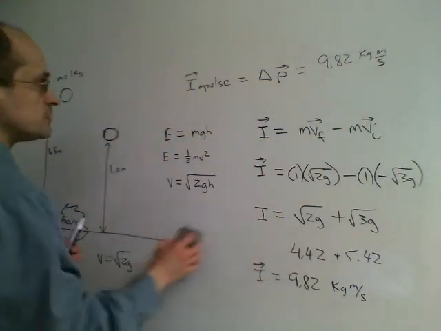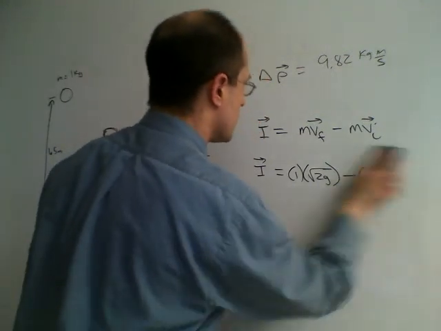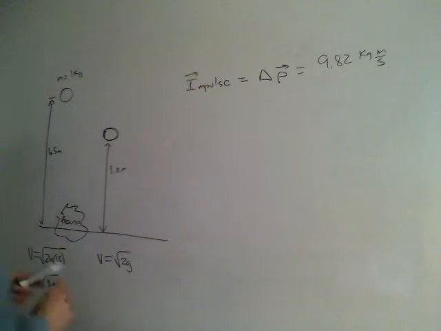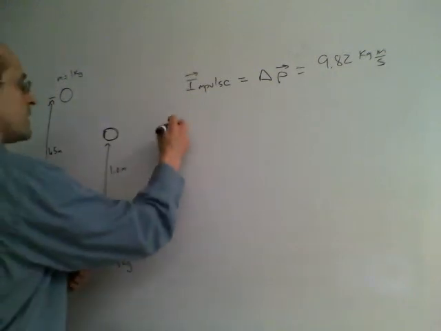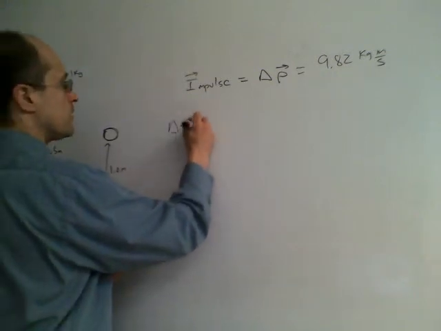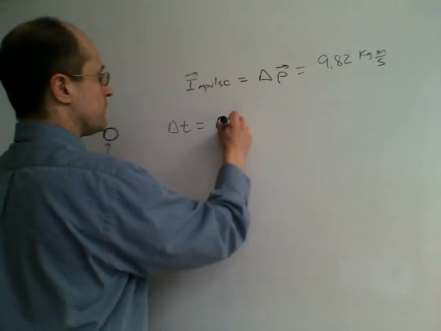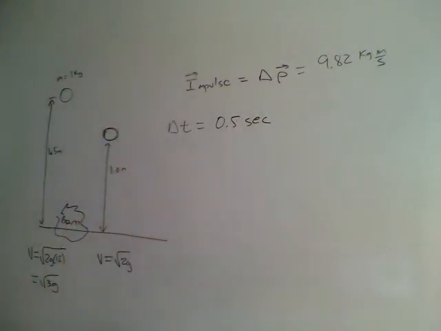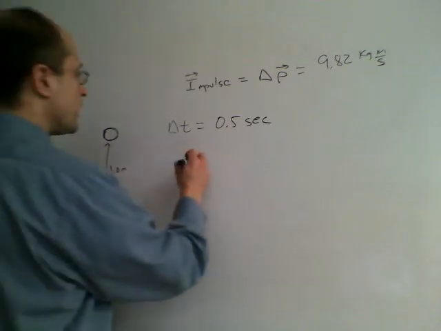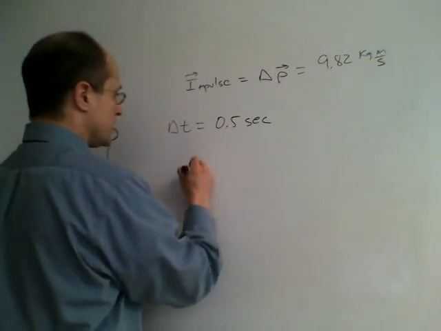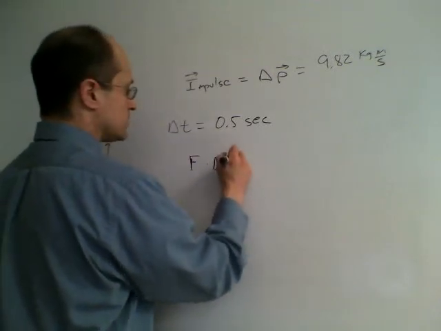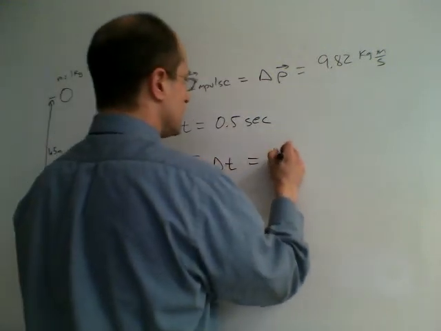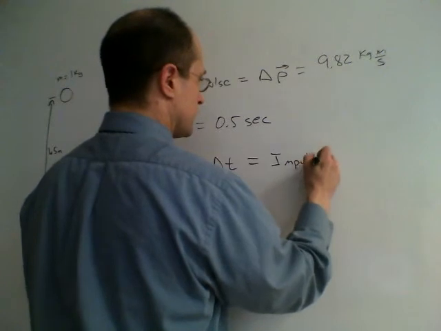Now, if we assume that the ball had an average contact time with the ground, the delta t, it interacted with the ground for 0.5 seconds, and then we had to calculate the average force of the ground. Well, we also know that the average force times the time is equal to the impulse.